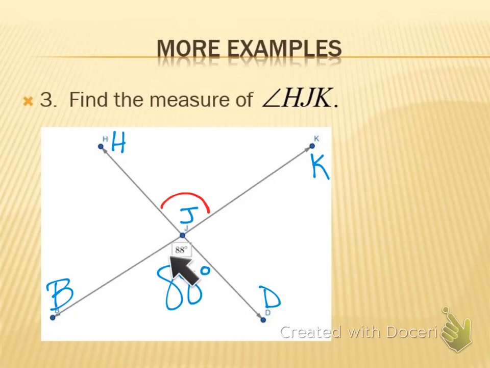And if they're vertical, that means that they are congruent. And if they're congruent, that means that their measures are the same. Okay, so see, this is the thought process we have to go through. So that means angle HJK measures 88 degrees. Not a hard problem to do, however, it involves a lot of knowledge.